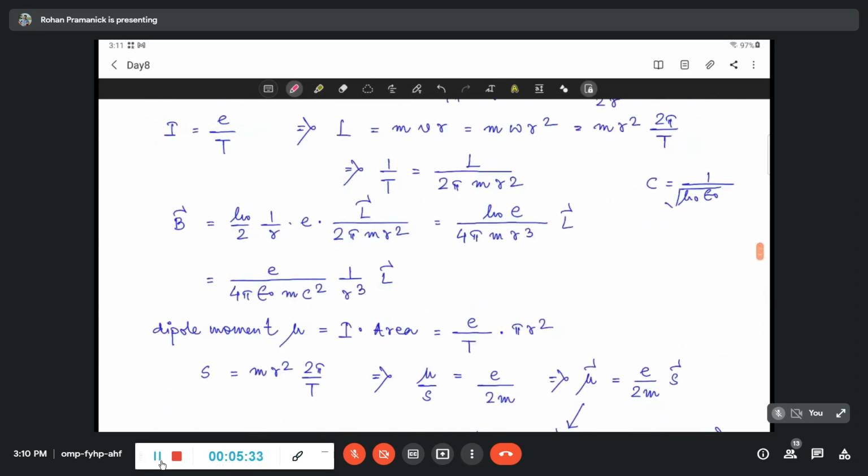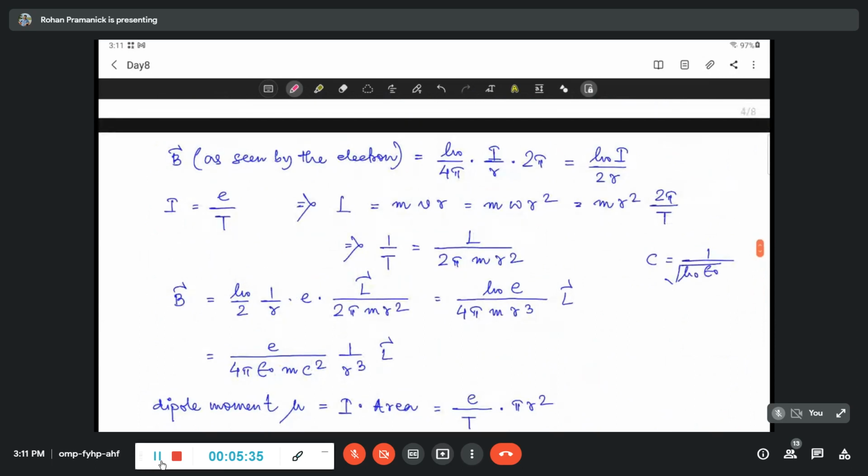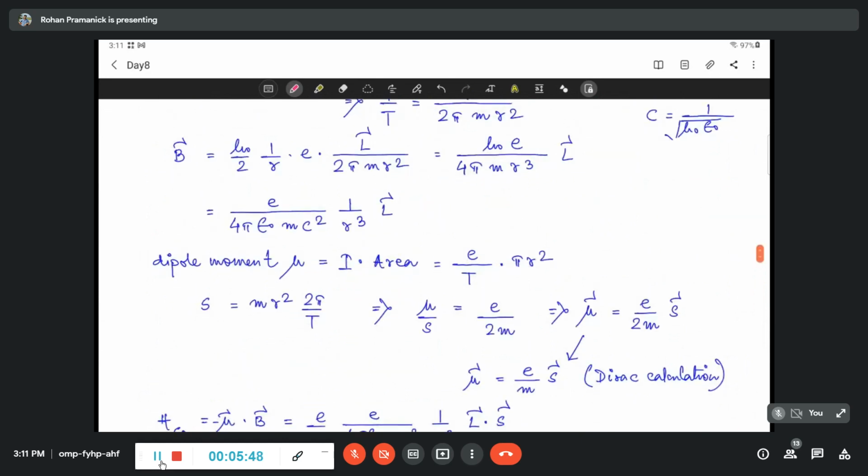So this we are calculating as seen by the electron, right? The electron sees that there is a B, and the dipole moment is of what? The electron is within the magnetic field of the proton. So the dipole moment will be of the electron, right? Yes, sir. It is the electron which feels the magnetic field of the proton.